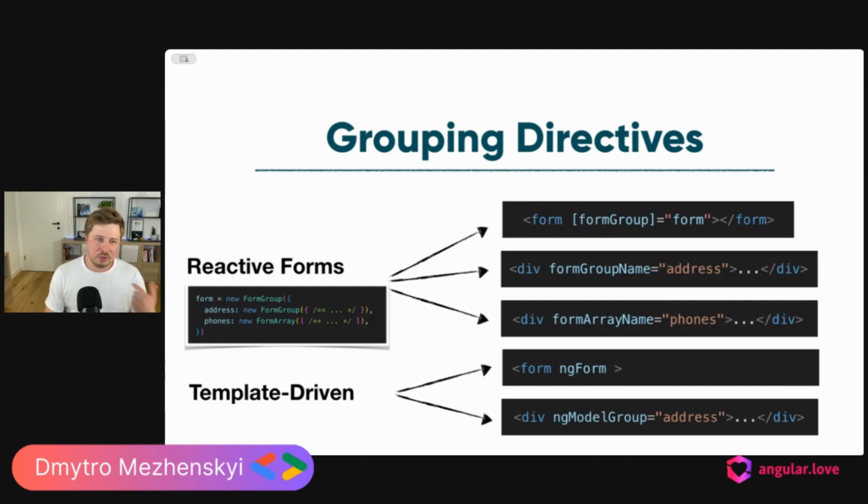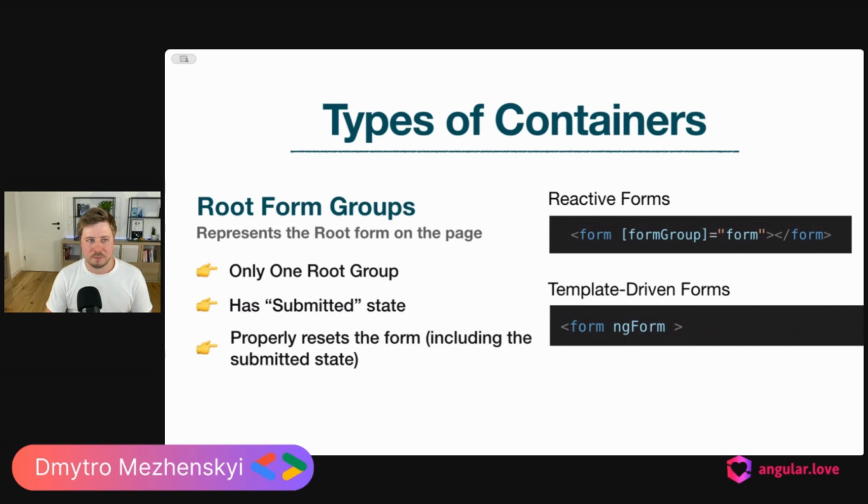And what is also interesting is that we can split grouping directives into multiple groups. So we have root form groups. Those are directives that represent the root form group, the form that contains all other nested groups and form controls.